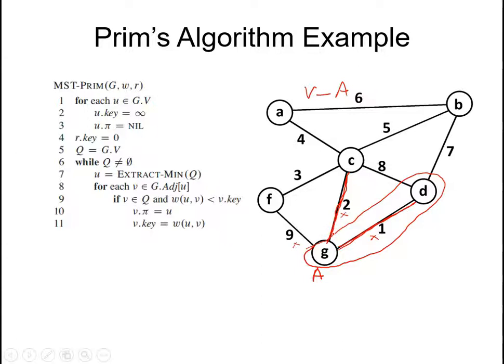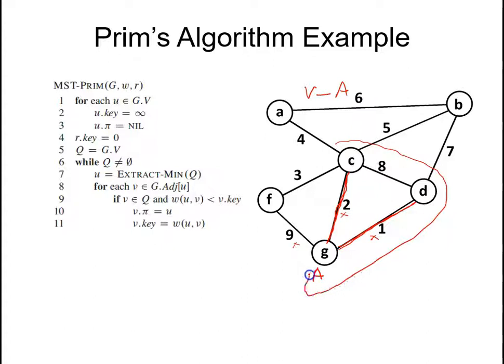And that means we can extend our A set, and our A set now includes these three vertices.